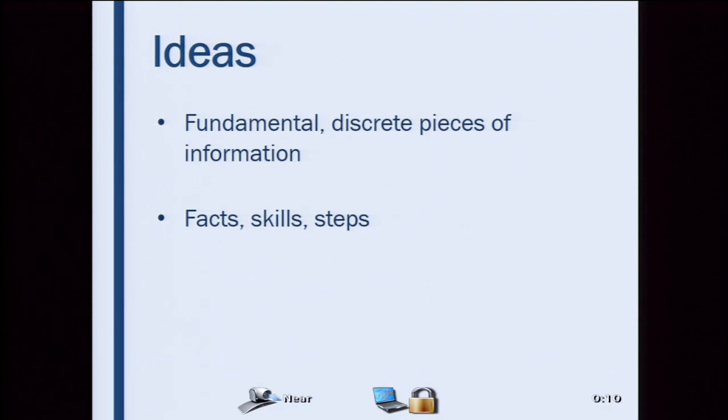Starting with the ideas level of the framework, these are discrete pieces of information that a student could look up through their notes or through a textbook. So they're specific basic facts, skills, or steps that they've memorized. In math, it might be just remembering a simple equation and having the numbers plugged in.